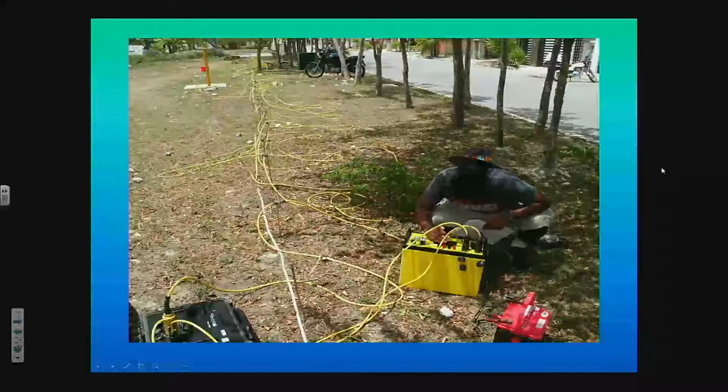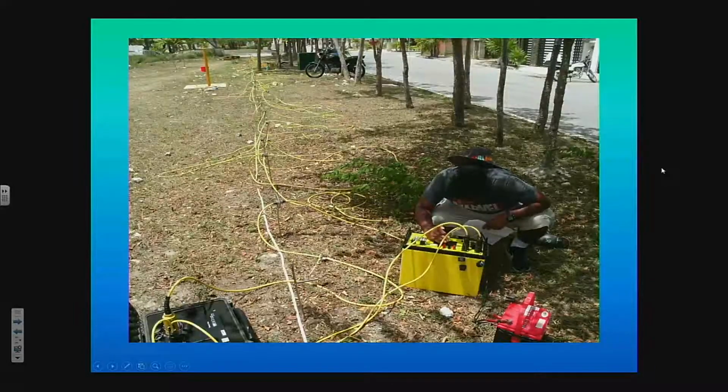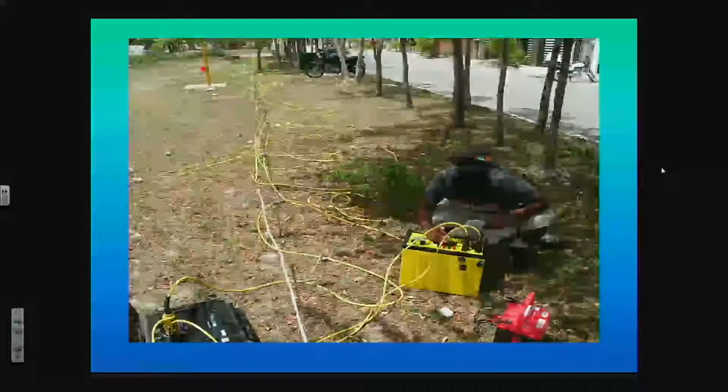And there it is again. And you can see all the electrodes here and the cables. This one I actually did in Puerto Morelos, right outside. It's called the Science House. We were testing the equipment out here, and it actually worked quite well there. So our house is right here in the corner. You can't see it.